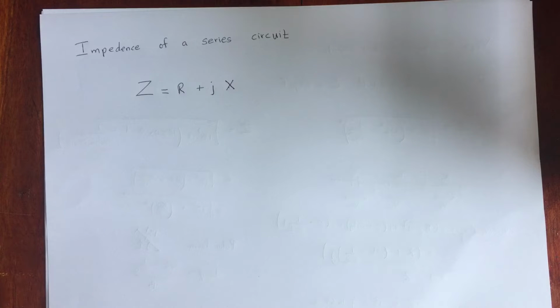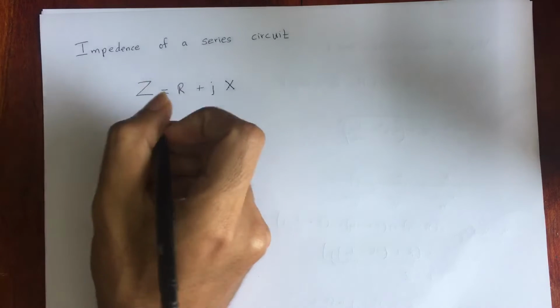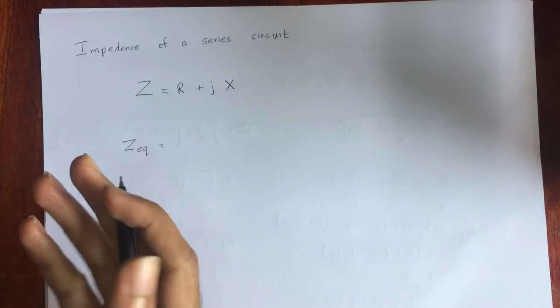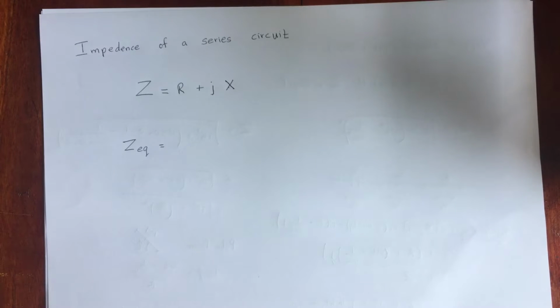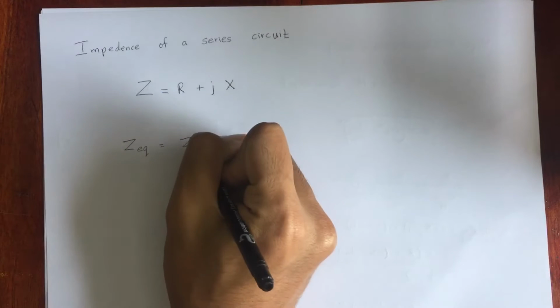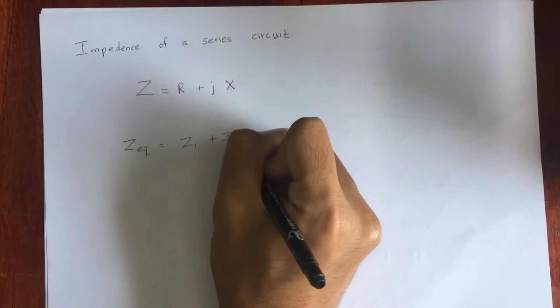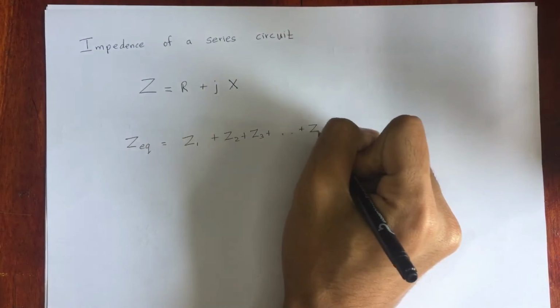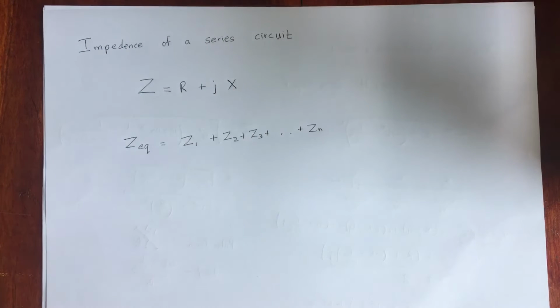Likewise, here the Z resultant would be Z1, Z2, Z3, up to n impedances in a series circuit. The resultant would be Z1 plus Z2 plus Z3 up to Zn. This is like the total resistance. When we consider the total resistance in a series circuit, we add them up.